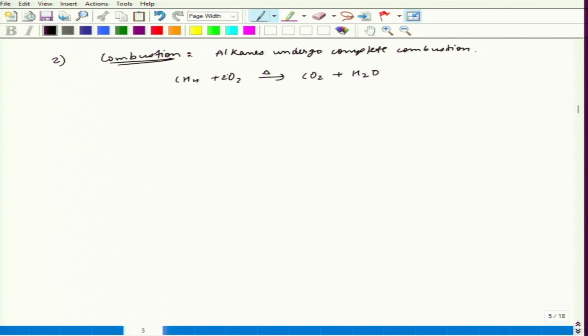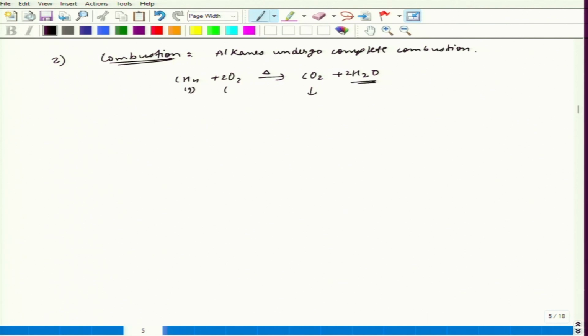If I need to balance, it will be like this, 2H2O. So, complete oxidation, complete combustion, gives CO2 and H2O.